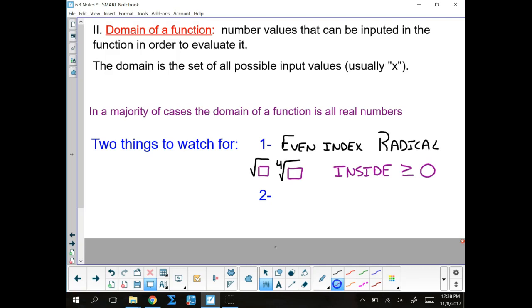All good answers. You guys know it. I know you do. We don't like imaginary numbers, so we've got to watch out for those. What's the other thing that would make a function not work? Nope, you just make them positive and move them.